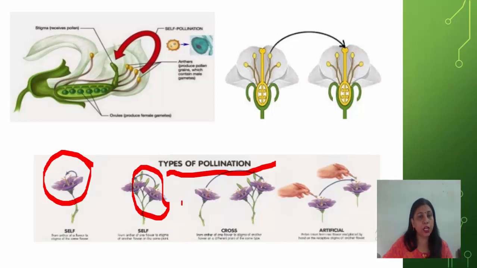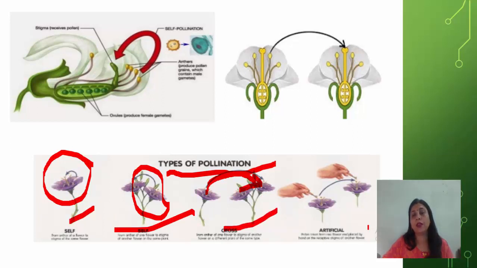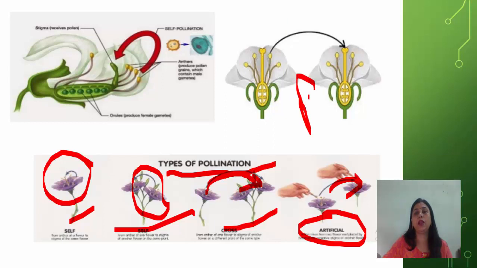In cross-pollination, the anther from one flower moves to the stigma of the other flower, of the same kind, but the plants are different. All these are naturally occurring. This one is artificial. You can see the pollen grains are taken from this flower and transferred to another flower of the same kind. This is pollination.